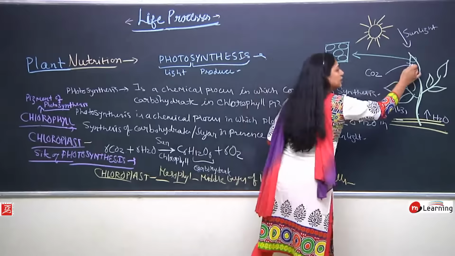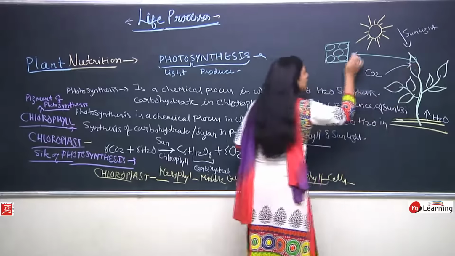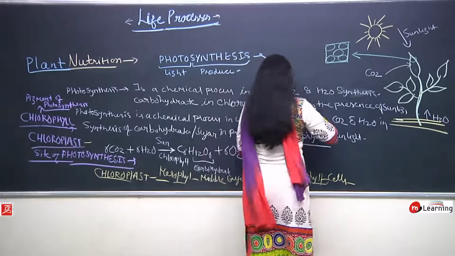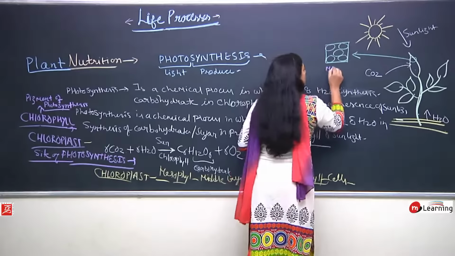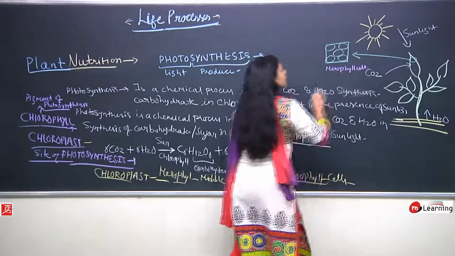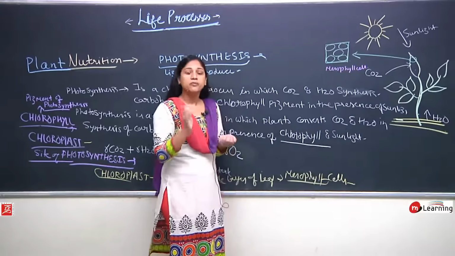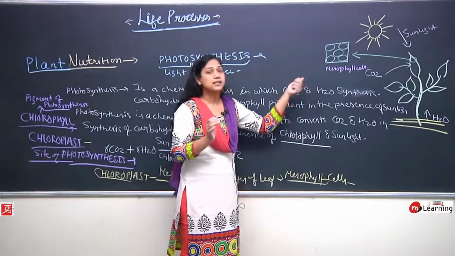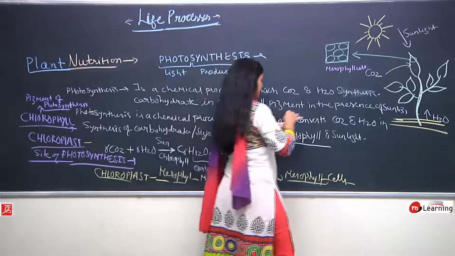We are taking the mesophyll layer of a leaf in which various mesophyll cells are there. So this is a mesophyll cell, in which around 50 chloroplast organelles are there.